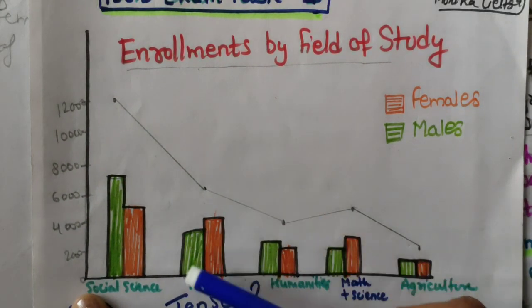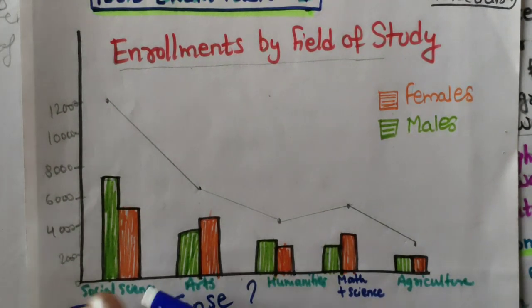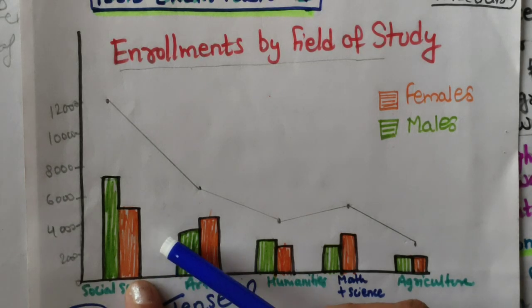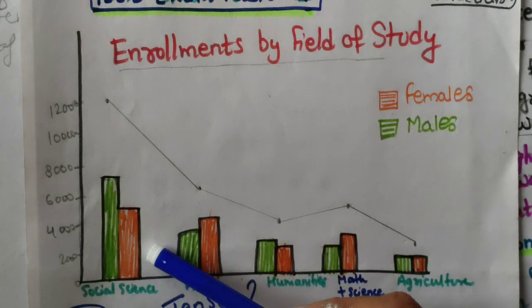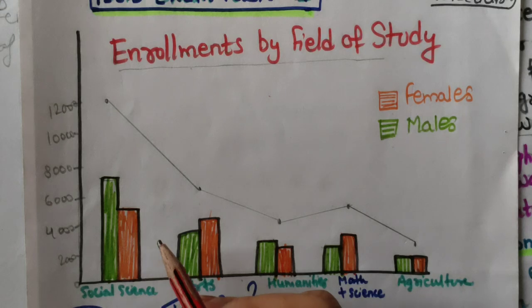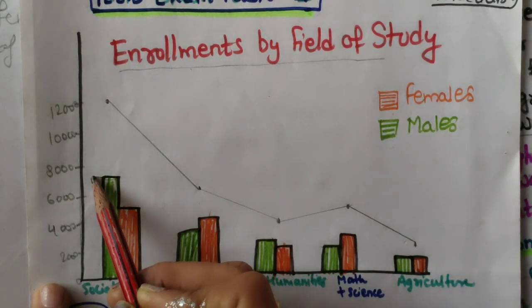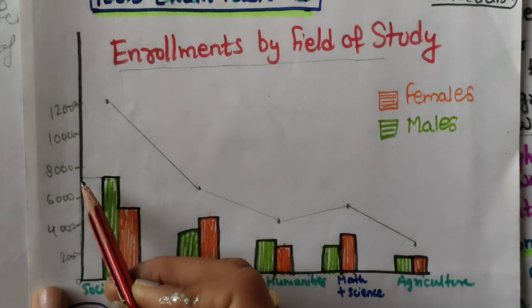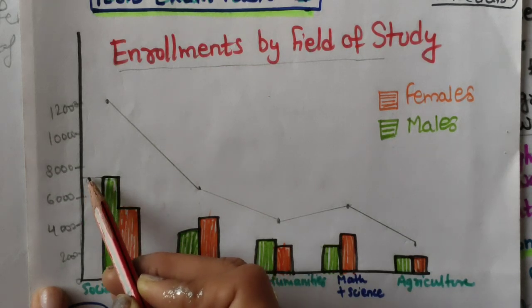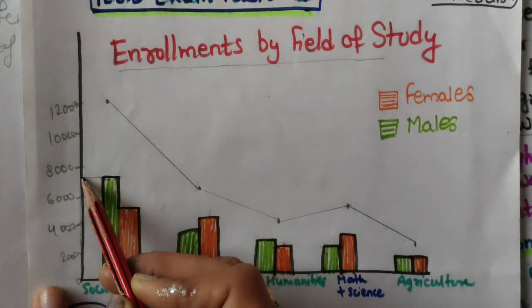So now we have analyzed everything. But one more homework is important to do before writing the actual essay, because when you are going to write the body detail paragraphs, that time you need it. So please analyze the data in planning only. So it is more than 7,000 and less than 8,000.